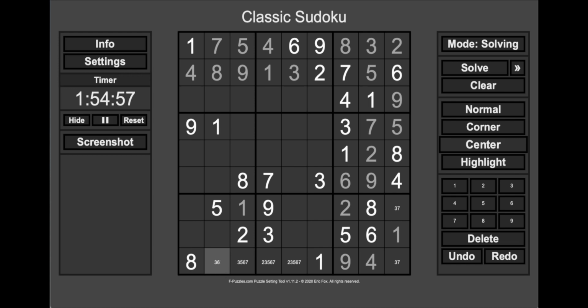This one can't be 5 or 7. This one isn't 5. That's not 3 or 7. That one isn't 3 or 6.